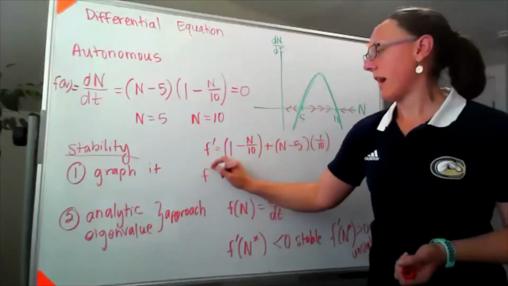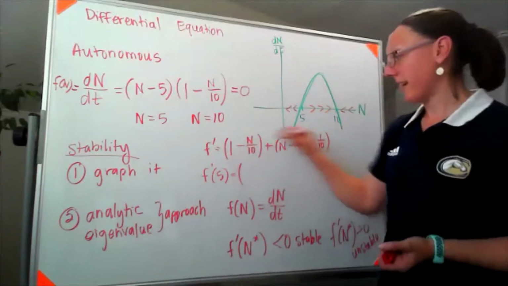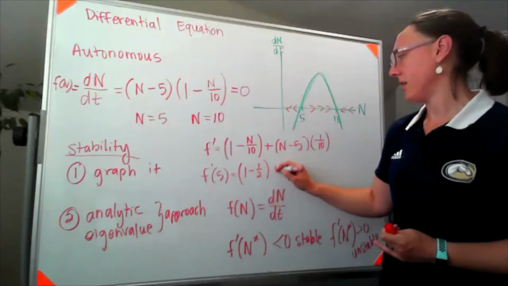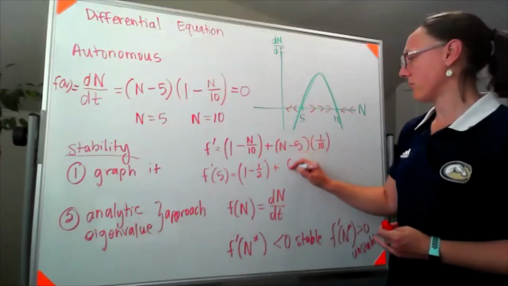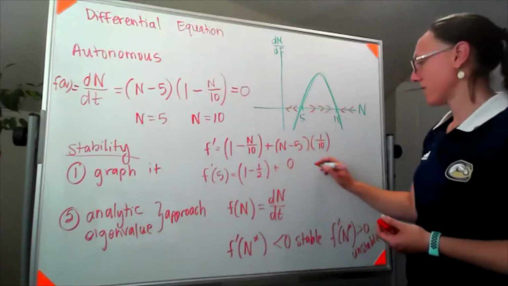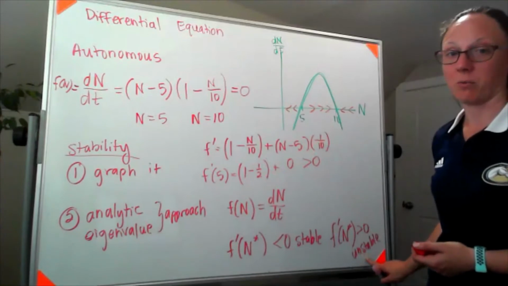So if I look at f prime of 5, plugging that in everywhere, that's 1 minus a half plus, oh, well, 0. So 1 minus a half is positive. So that is greater than 0, which is going to tell me that it's unstable.